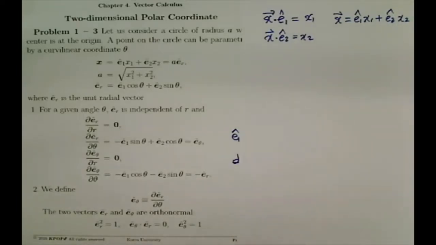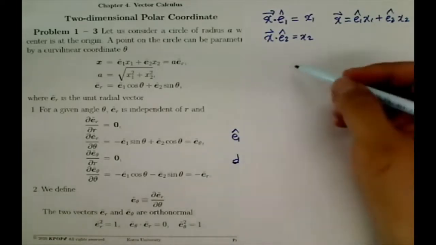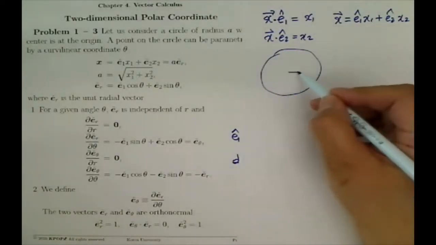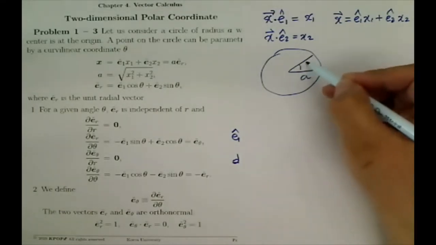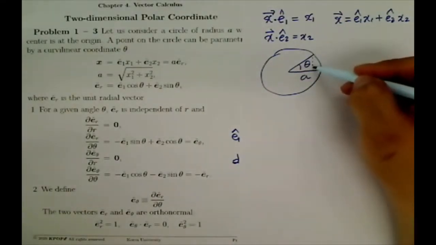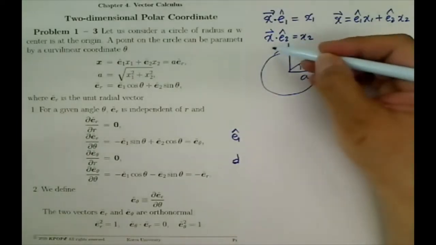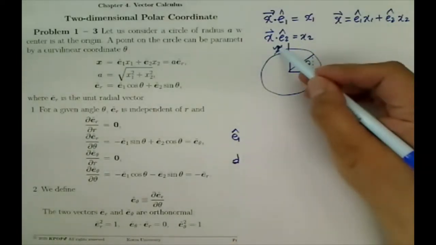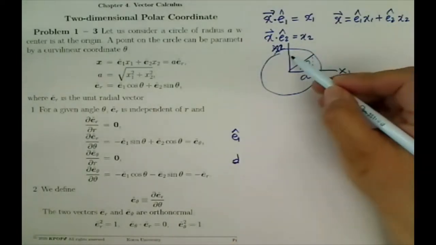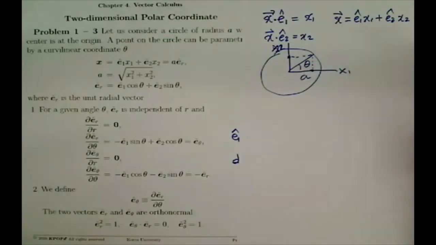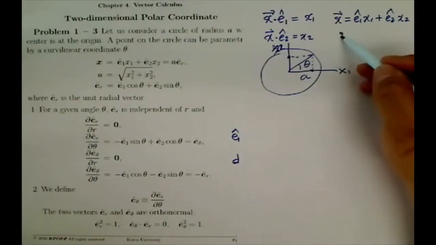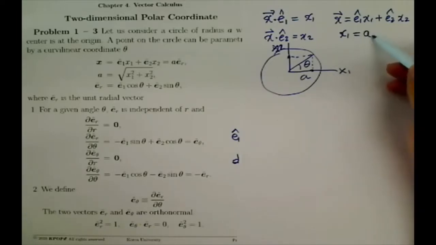Now the curvilinear coordinates: the circle of radius a and angle theta, and this is the x1 axis and the x2 axis. These are the coordinates. So x1 is a cosine theta, and x2 is a sine theta.